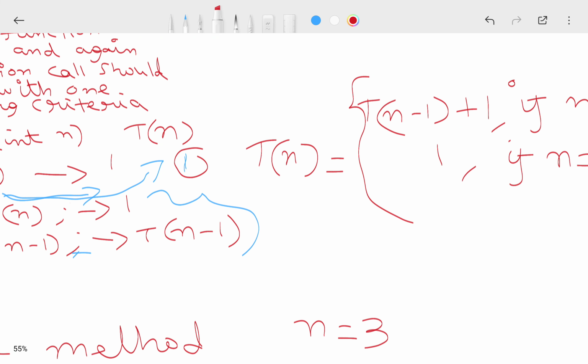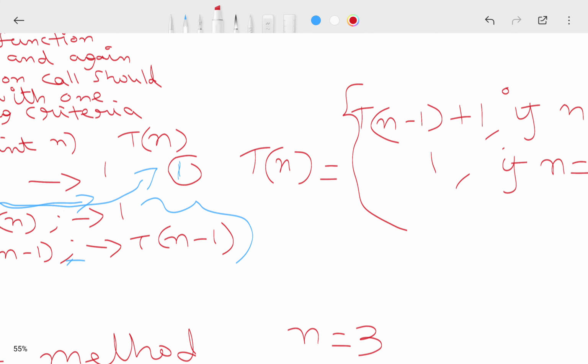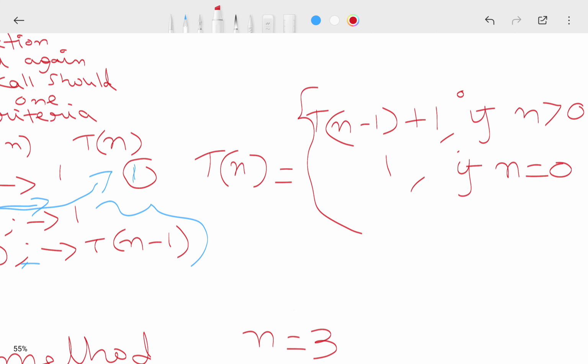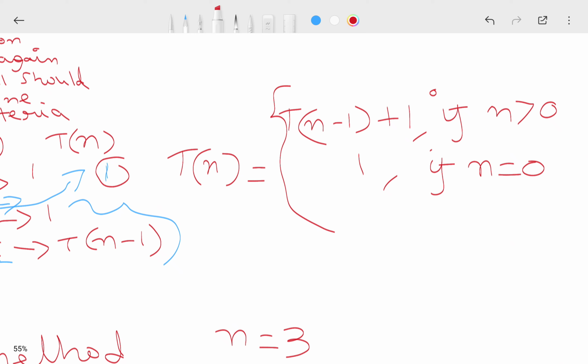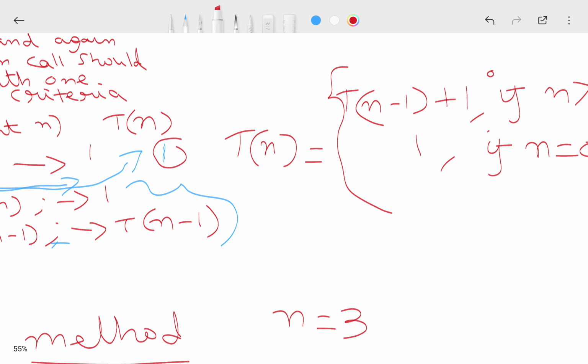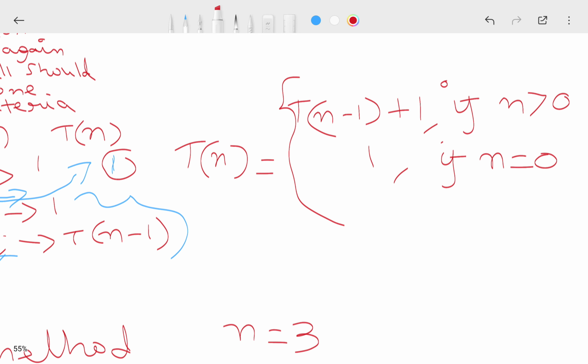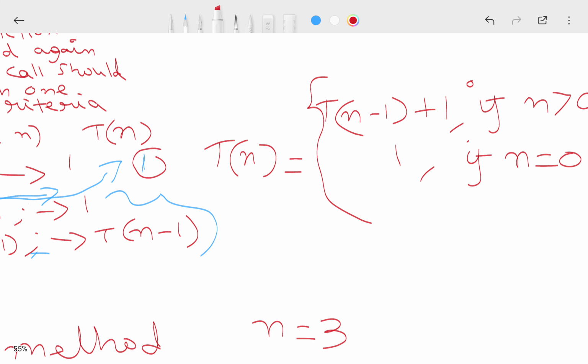So that is T of n minus 1 plus 1. If n equals 0, only this if condition will be executed, so it takes only one unit of time. This is the actual full recursive relation for this particular program.